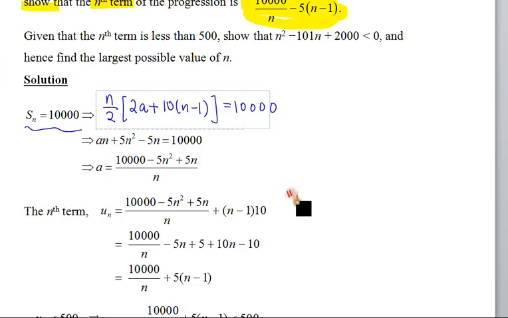I'm making use of the fact that un equals a plus n minus 1 d. Correct? And what is A? A is this. So therefore, I substitute the whole A into this, a plus n minus 1, because they want us to show the nth term. The rest I want you to go through. Follow this manipulation.